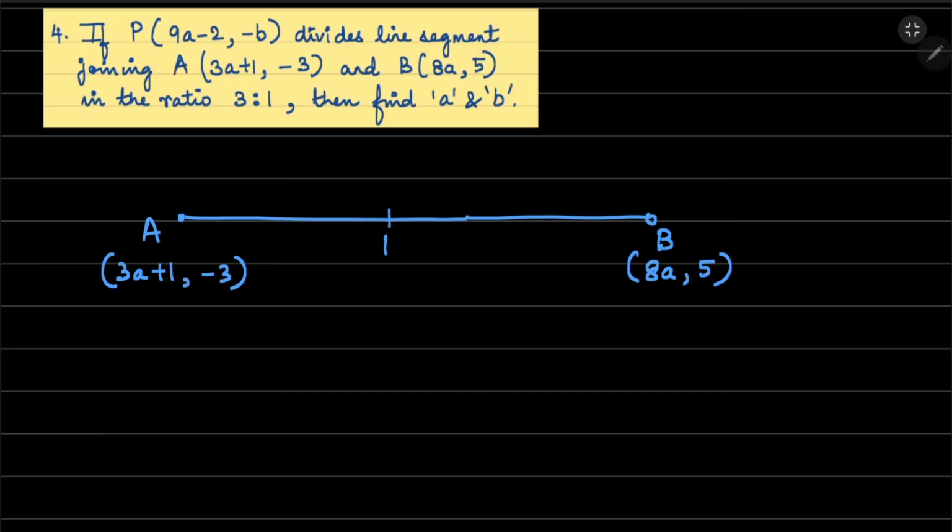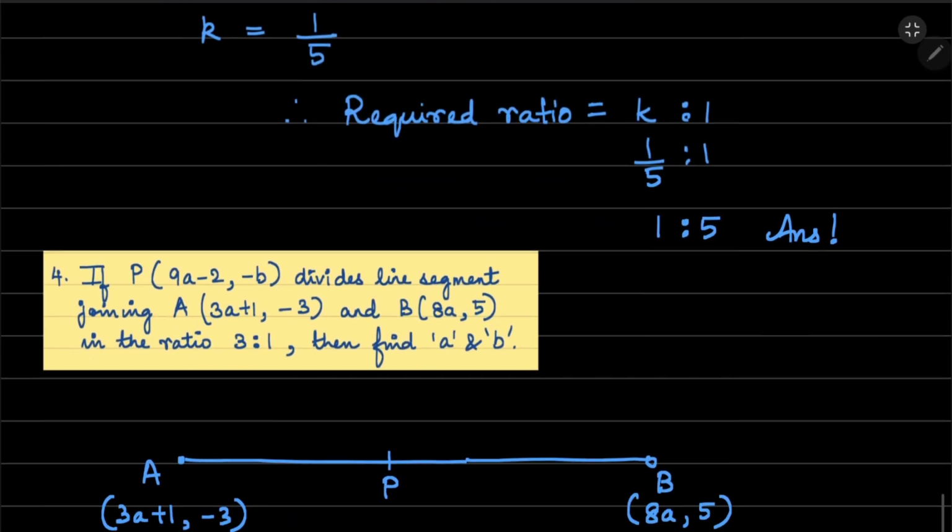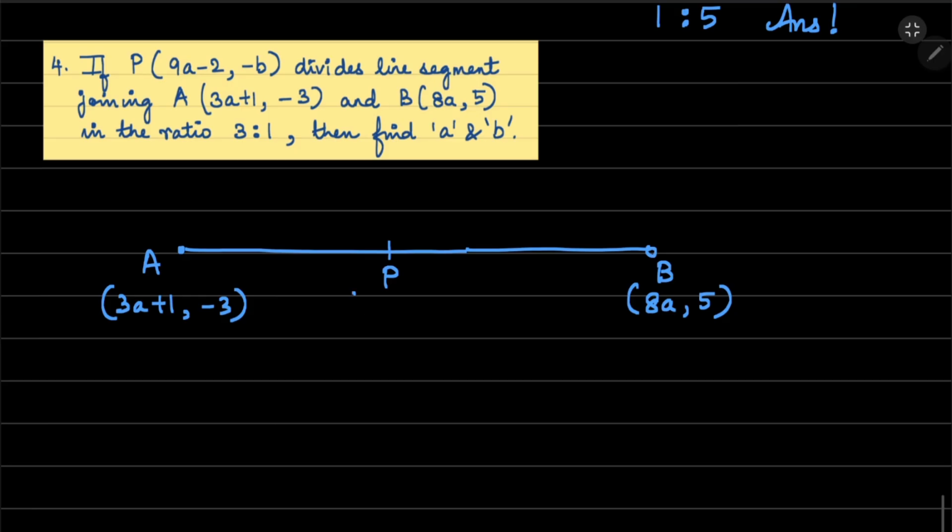The point P, which is given by 9a minus 2 comma minus b, divides AB in the ratio 3:1. The ratio is given to you. You have to find a and b.